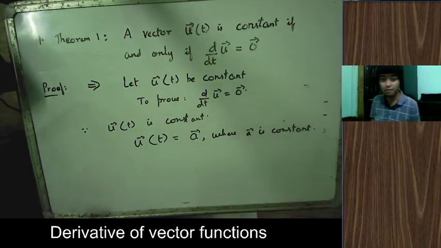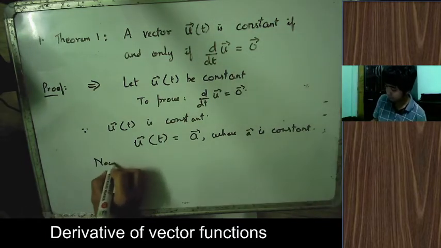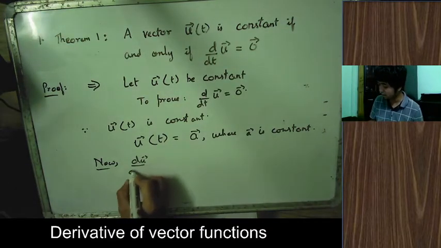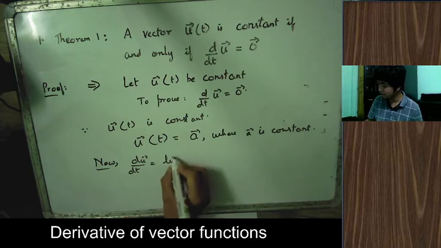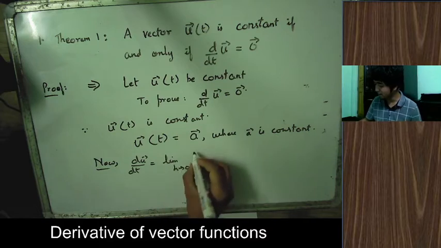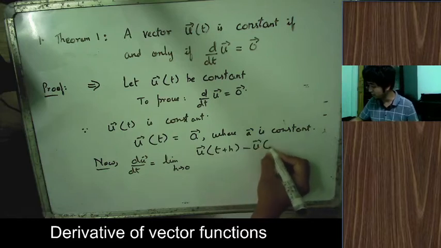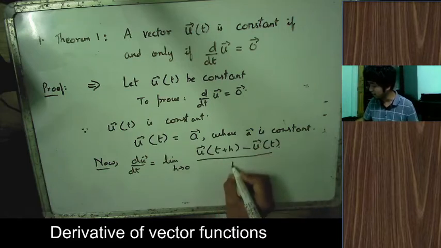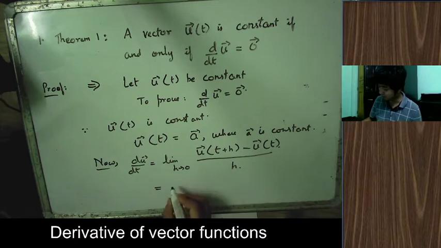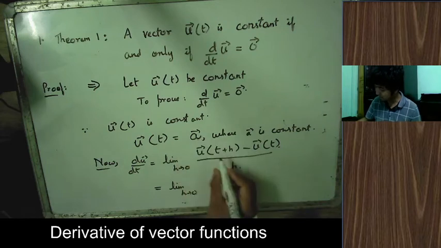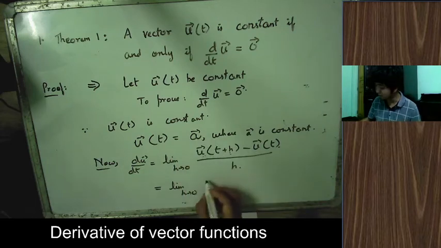So now what we will do, we can just evaluate du/dt in terms of limits. You can write it as limit h tends to 0 of u bar (t plus h) minus u bar (t), upon h. Just like what I had explained, because it is a constant function and this one is a, u(t plus h) will also be a.